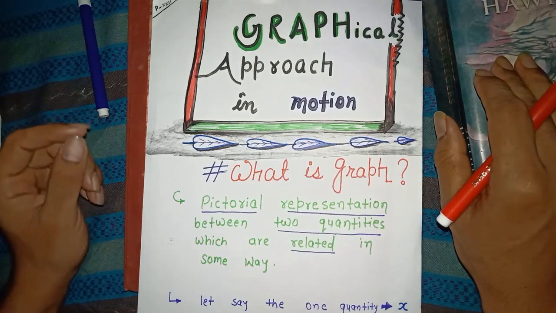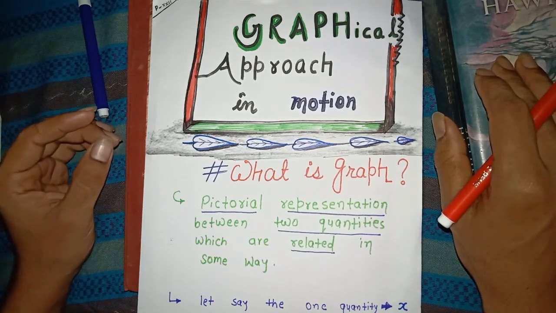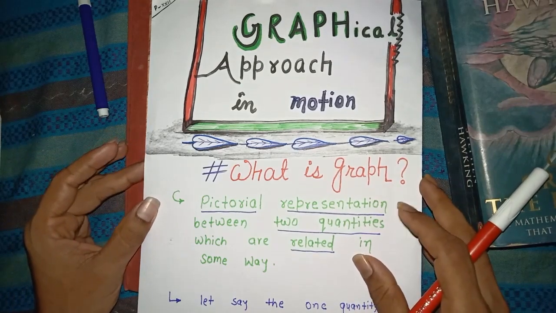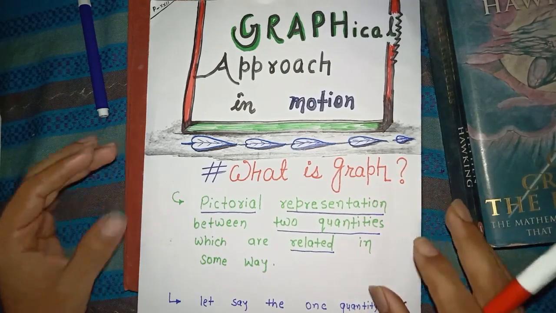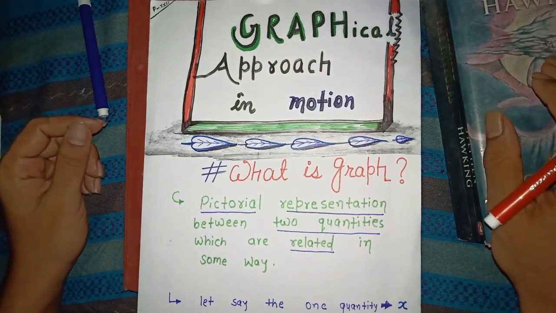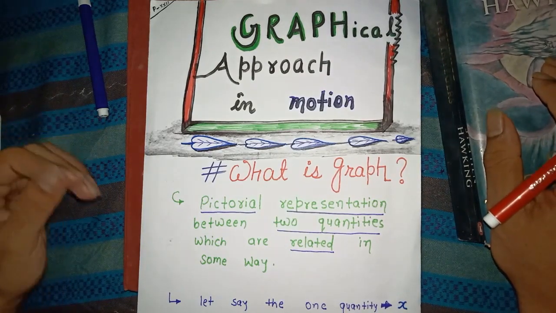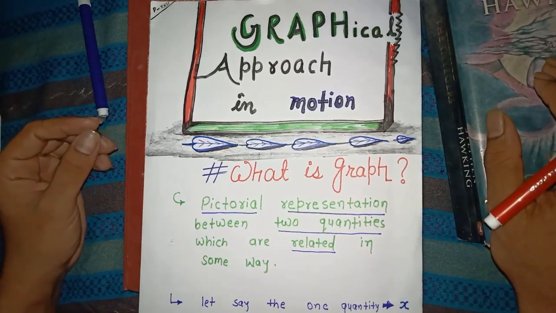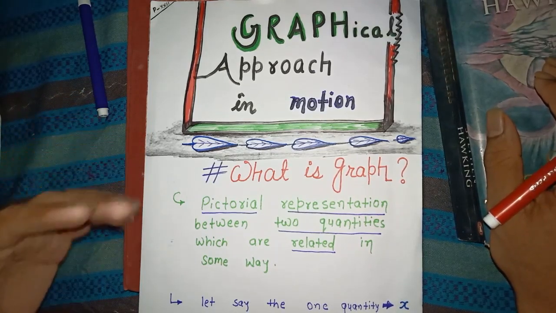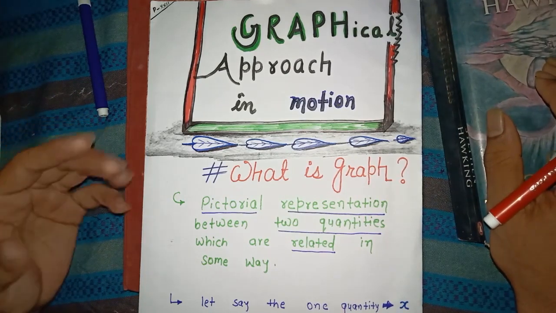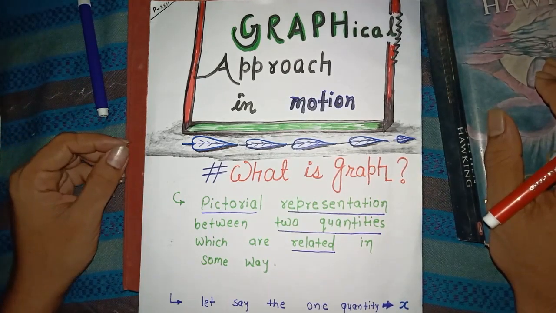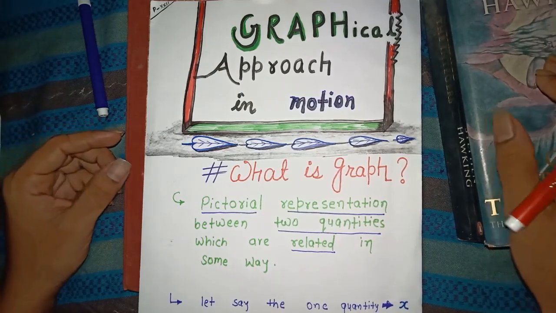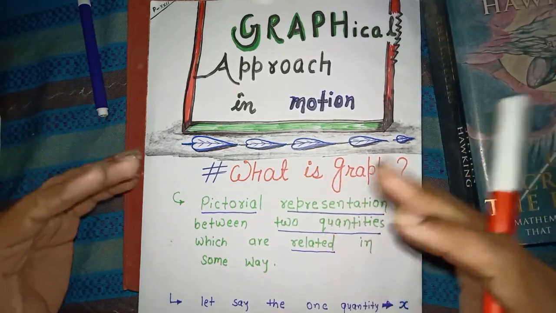First of all, I am saying about what is graph. You have already learned in the previous class what you mean by graph, and you can draw various kinds of graphs like histogram and line graph and so on. Graph means the pictorial representation between two quantities which are related in some way.